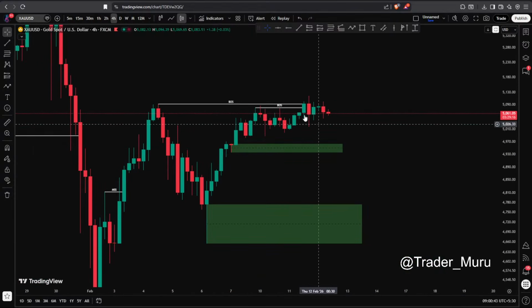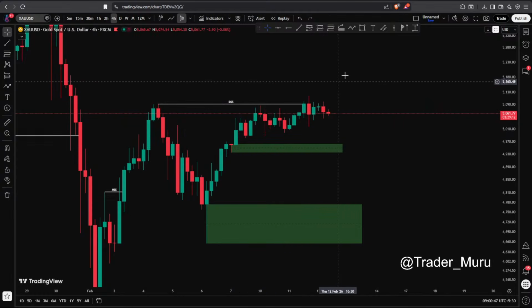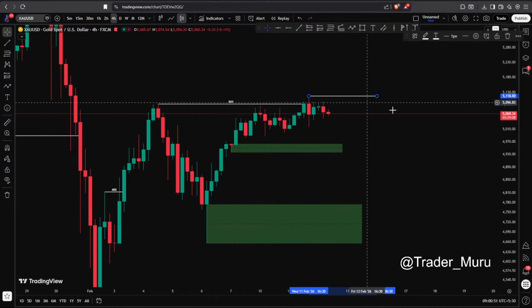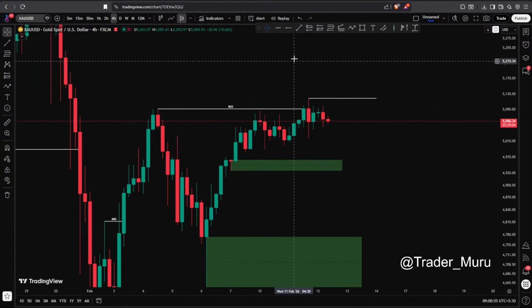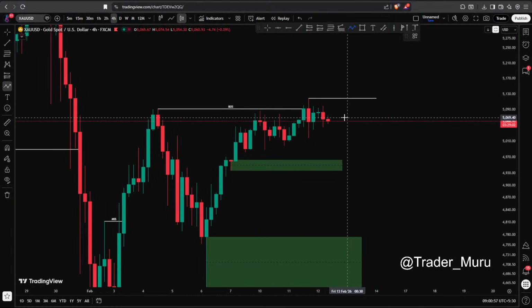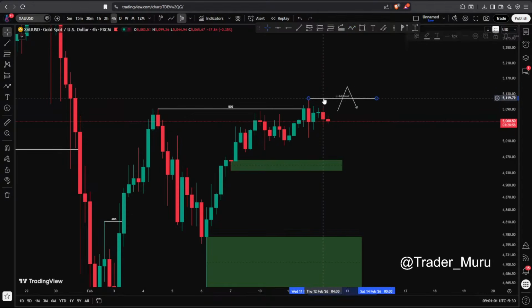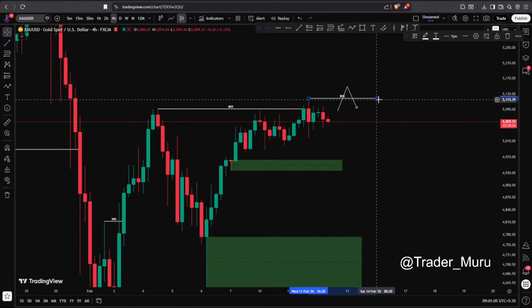Why am I expecting it to retrace? Because in 4 hour time frame, price has created an engulfing candle here. So this is a valid high above which a 4 hour closing will be a new breakout structure. This will be a new breakout structure if a 4 hour candle closes above it.